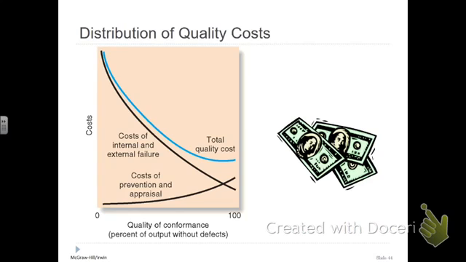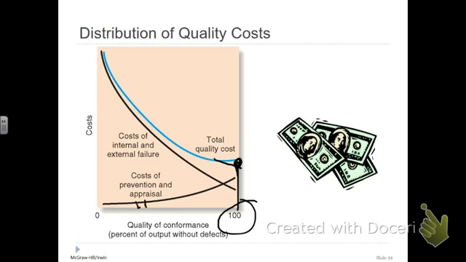The whole idea from this, and in the past it was much less of an issue, but today it's to the point where we virtually have to get 100%, and the reason is a lot of times if we can get 100%, that's going to be the lowest cost. Okay, notice what happens here.